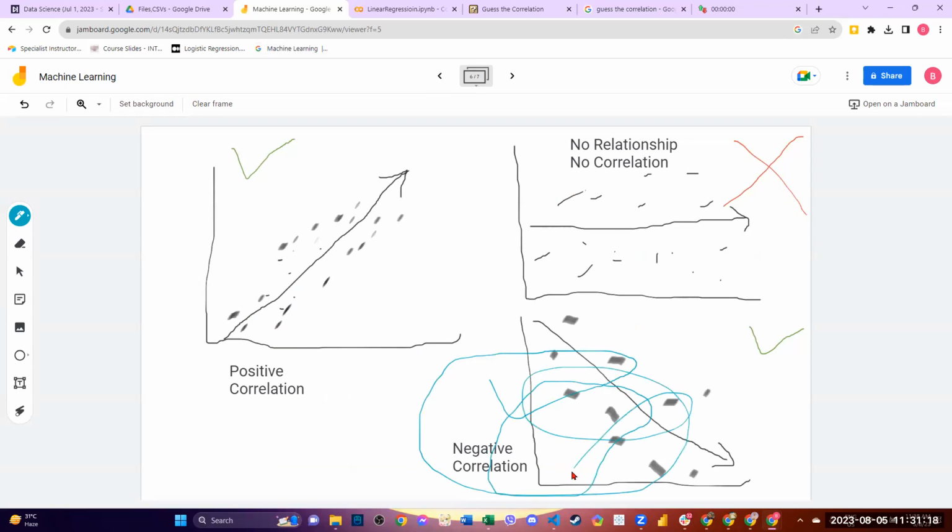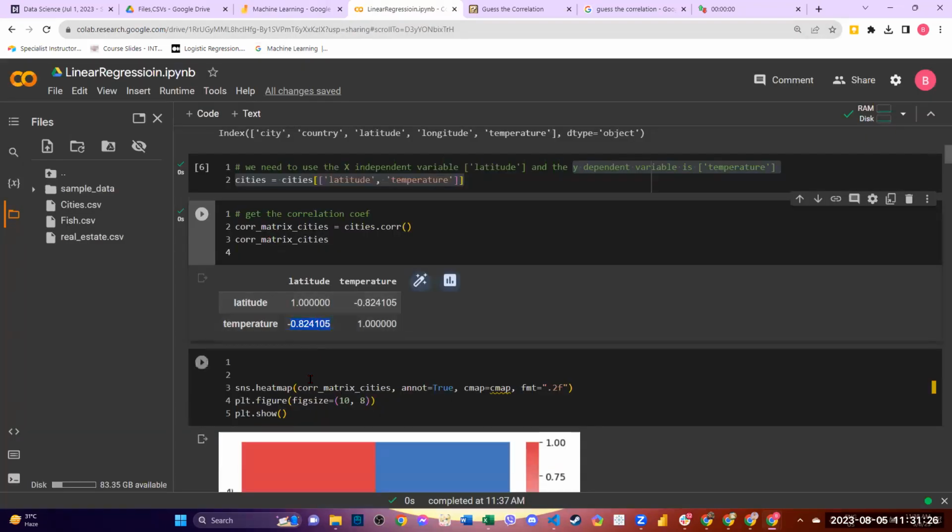So our relationship is negative because it's going down. How do we say it's going down? If the latitude is going up or the value is increasing, the temperature is decreasing. That's why it's a negative correlation.